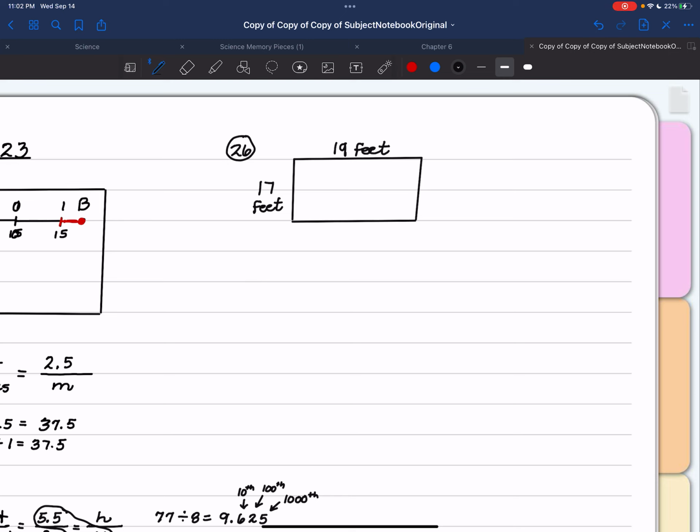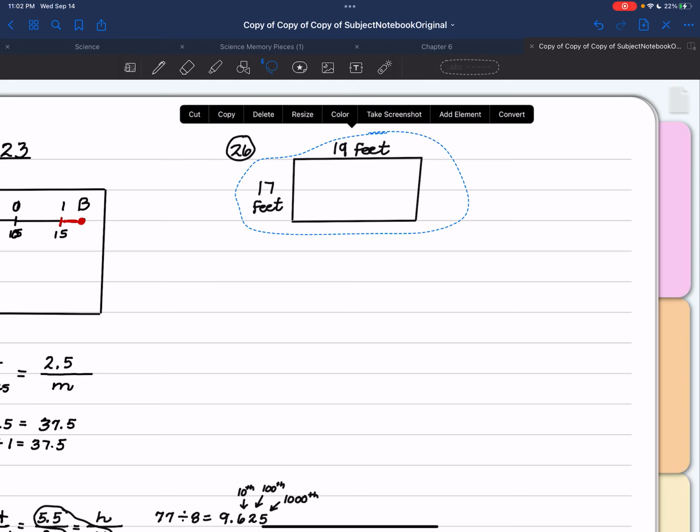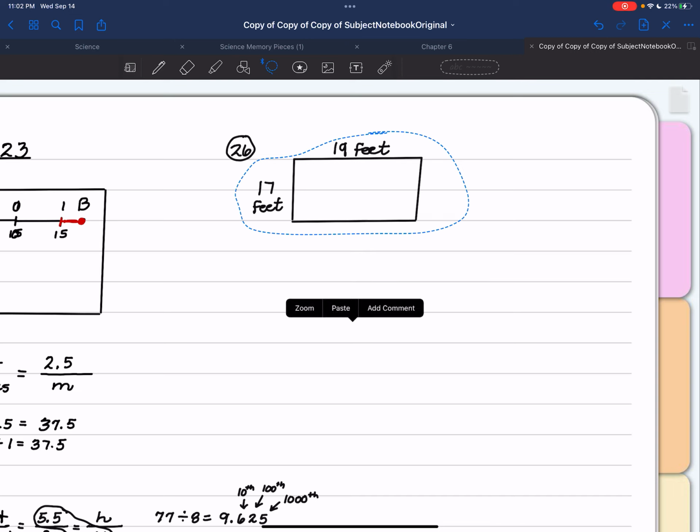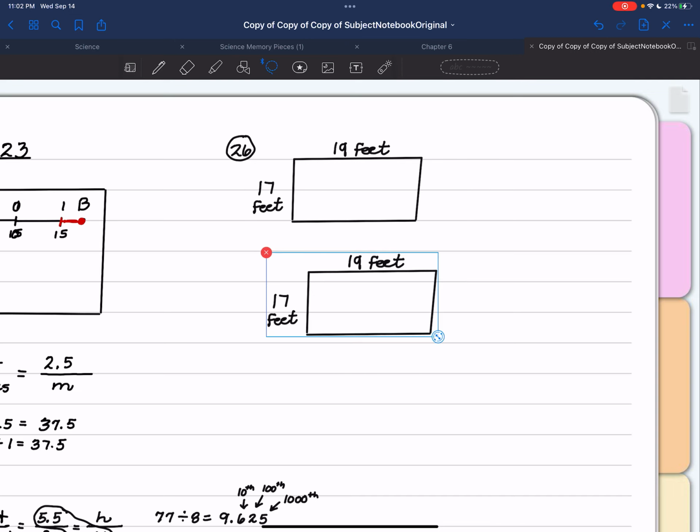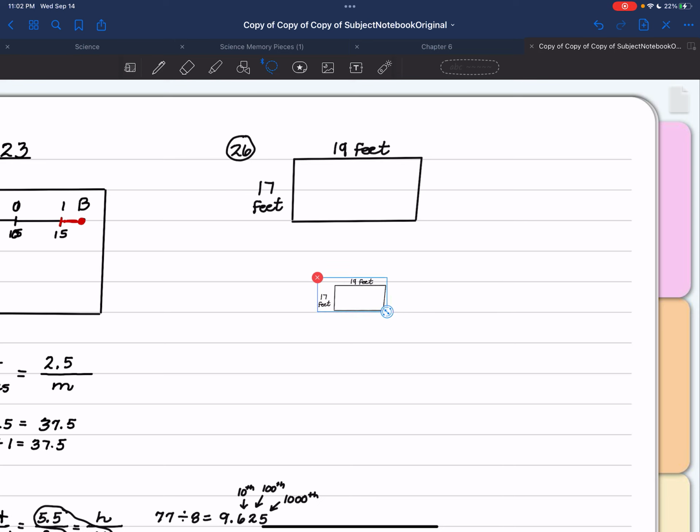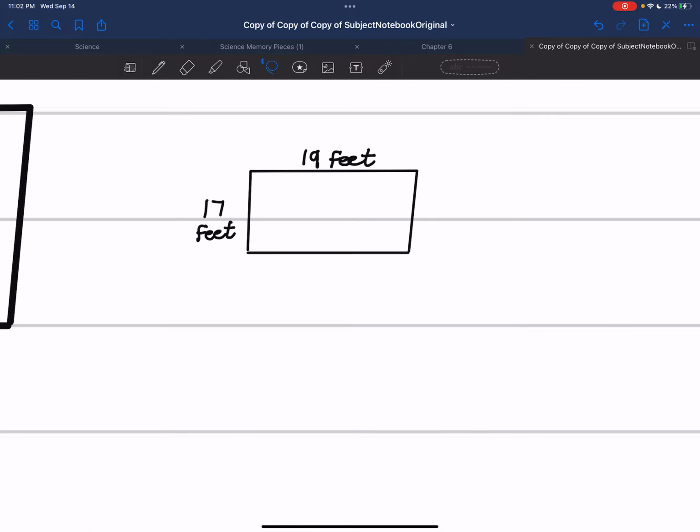In a photo of the house, so if this is the real wall, what's the photo going to look like? Is it going to be bigger or smaller than the real wall? It's going to be way smaller than the real wall. So let me erase these dimensions.